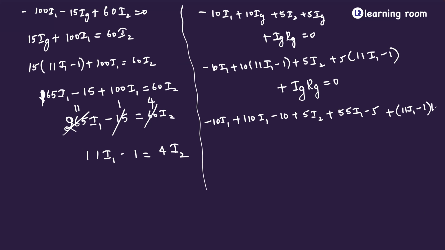So here it will be 15, equal to 0. Now observe 110 plus 55 I1 is 165 I1 plus 265 I1, right?